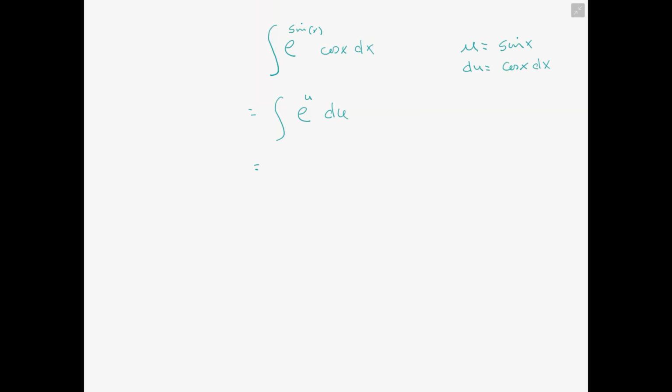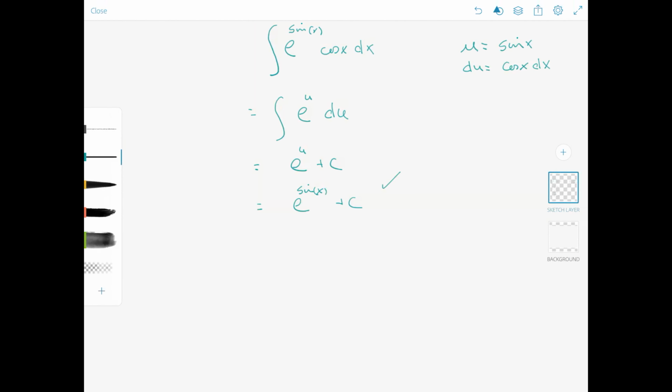And so we're back to that exponential function, which is simply e to the u plus c, and e to the sine x plus c. And that's it. Simple enough.